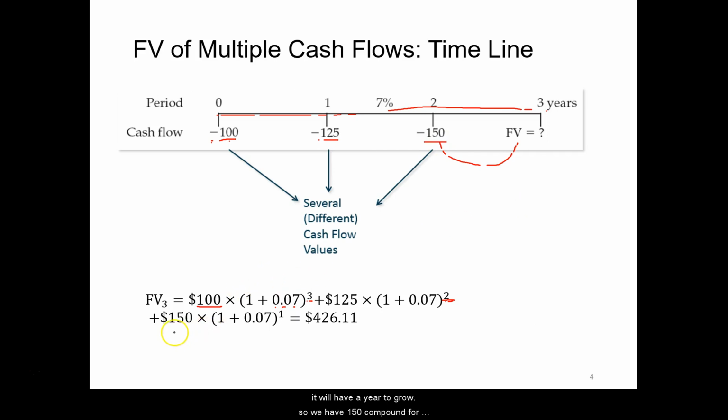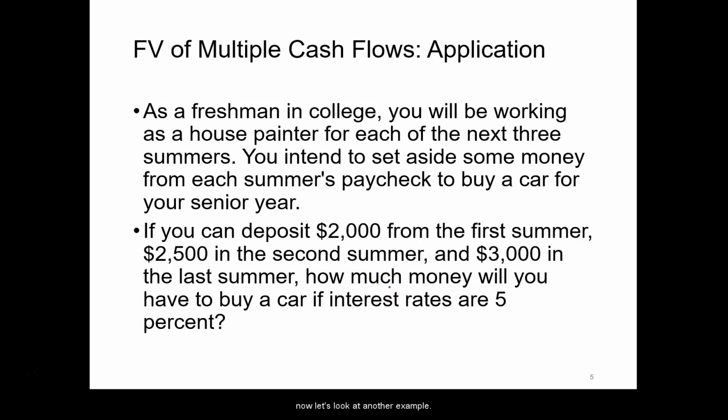So we have 150 compounded for 1 year at the 7% interest rate. And then the last step is to add up all these 3 different future values to get a total future value, and the total future value will be, in this case, $426.11.